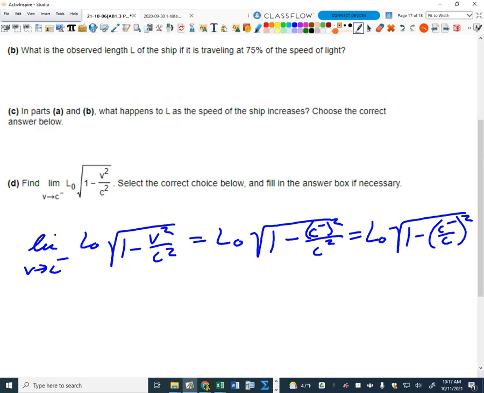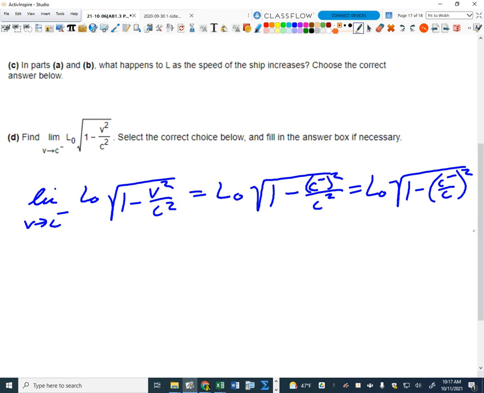Slightly less than what? Than 1, agreed? Slightly less than 1. A number just a little less than c divided by c is going to give us a number just a little less than 1, right? So that's like saying 1 minus. And 1 minus squared is just another number that's very, very close to 1, agreed?